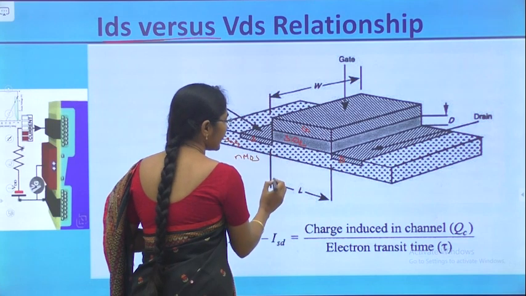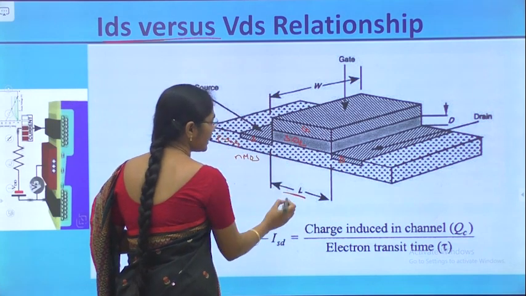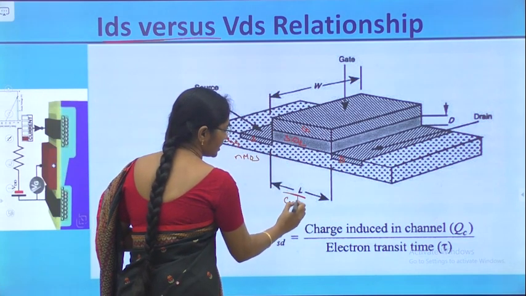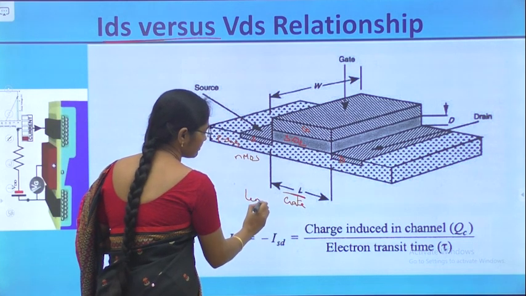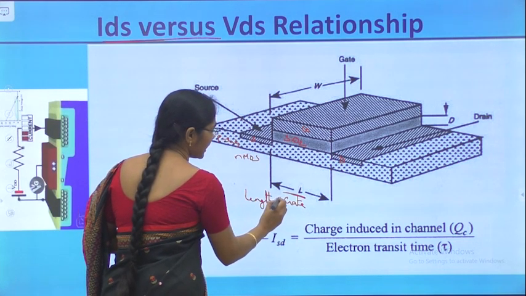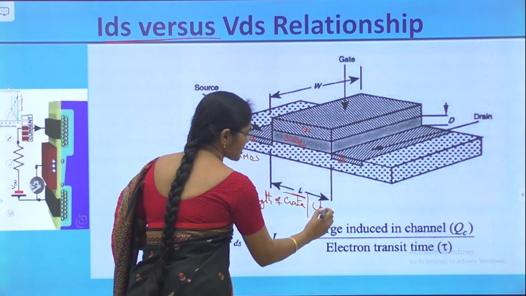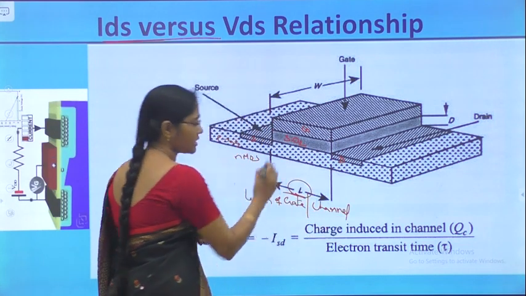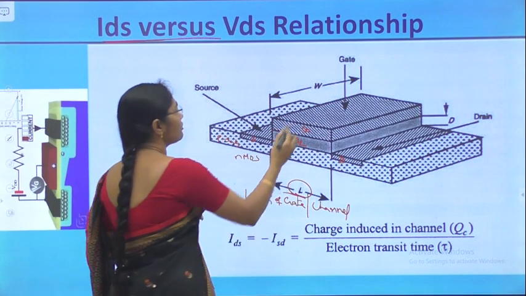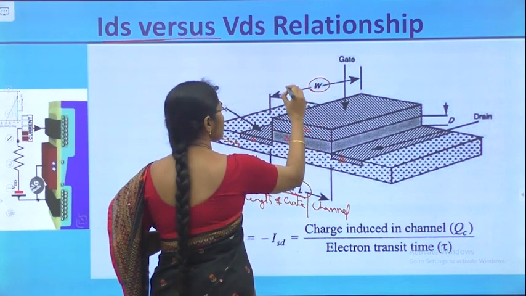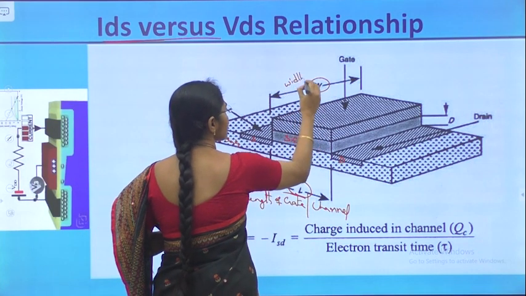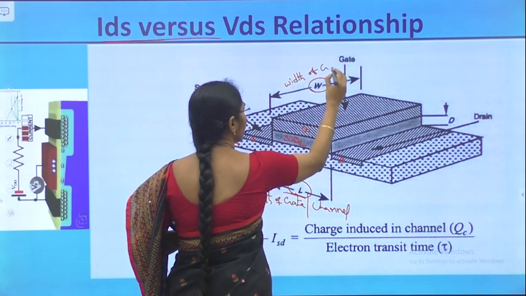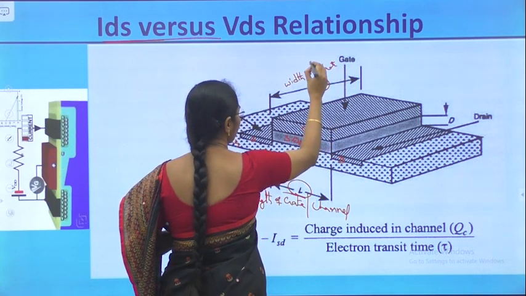The length of the gate or length of the channel are same and this is representing as L, capital L, and width of the channel is representing as W. This is width of the gate or width of the channel.